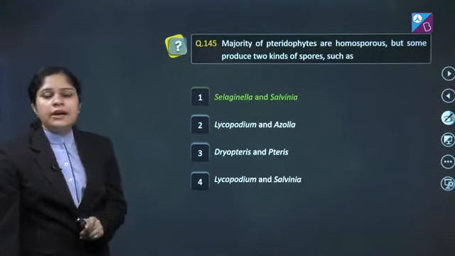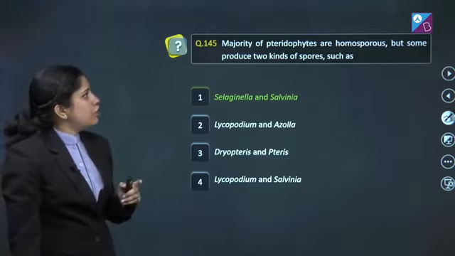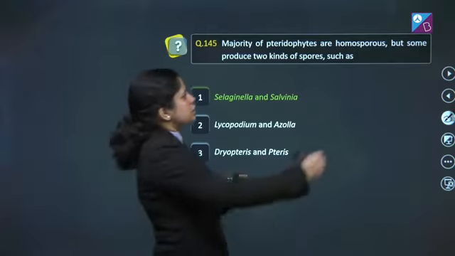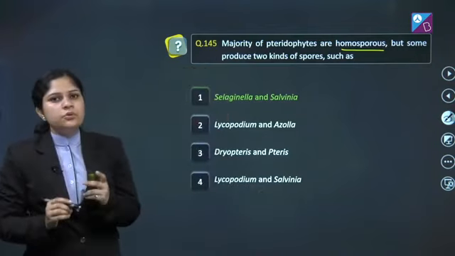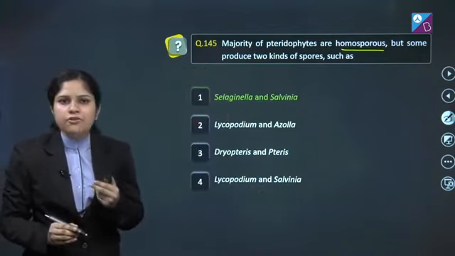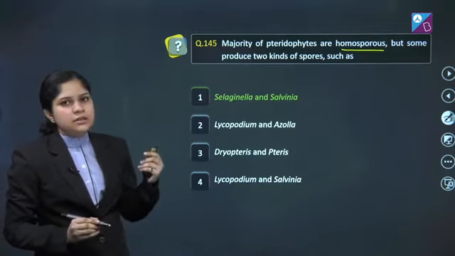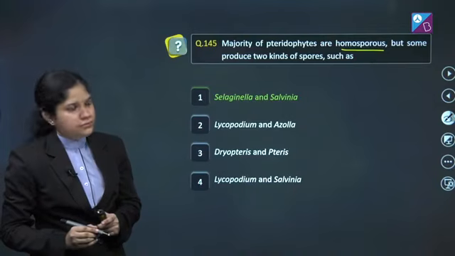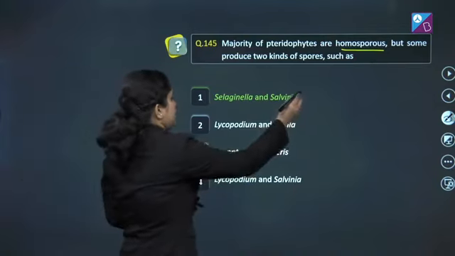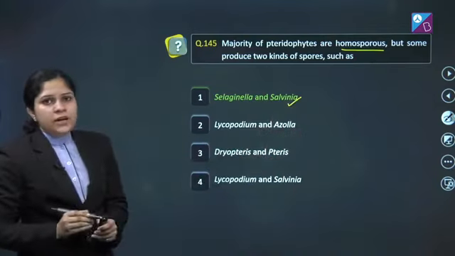Question number 145. Majority of pteridophytes are homosporous, but some of them produce two kinds of spores. That means they are heterosporous, such as, let's see, Selaginella and Salvinia, correct. Second, Lycopodium and Azolla.